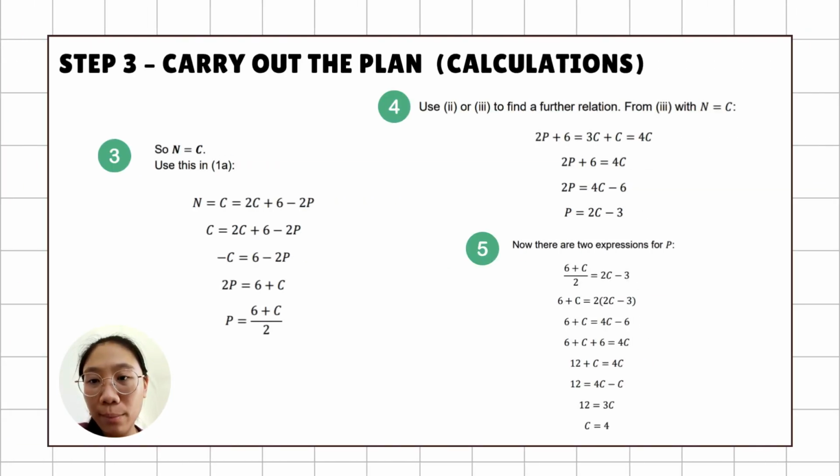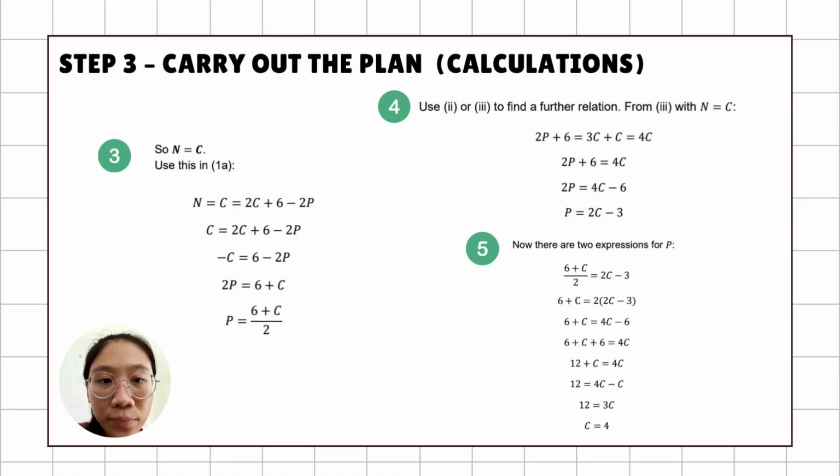For the third step, we know that n is equal to c, so we use this in 1a. We substitute it, so n equals c equals 2c plus 6 minus 2p. Right after we substitute it, it will become p equals 6 plus c over 2. While for step 4, we use 2 or 3 to find further relations.